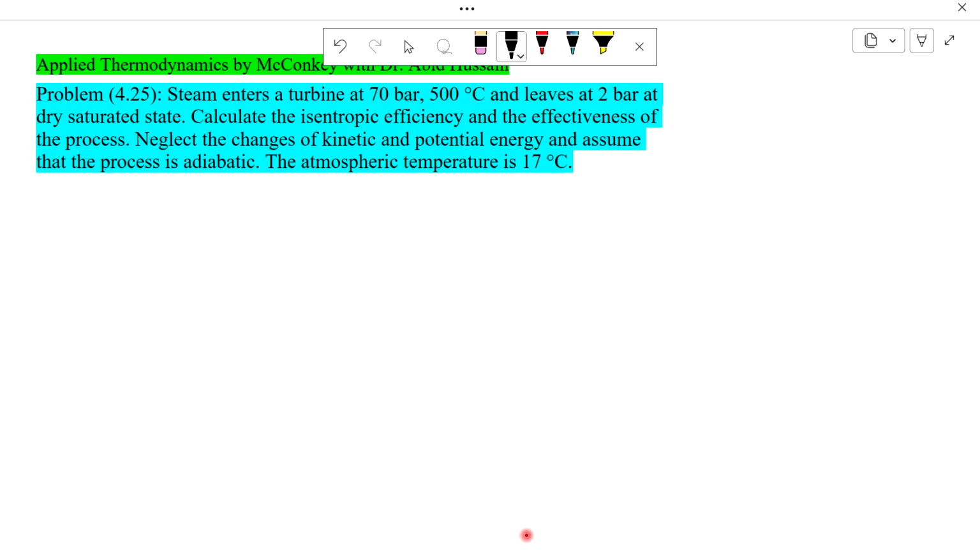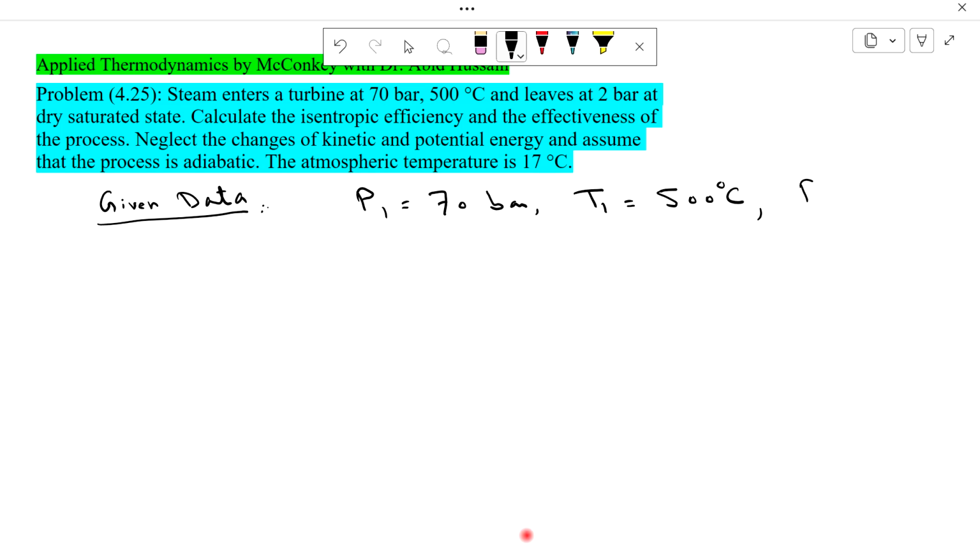So, in the given data, the initial pressure in the turbine P1 is equal to 70 bar and T1 is equal to 500 degrees centigrade, and it leaves at 2 bar.